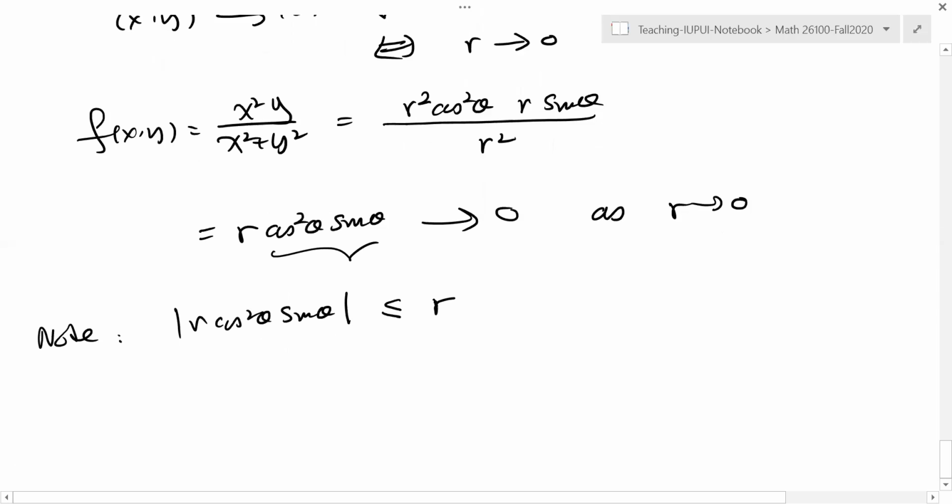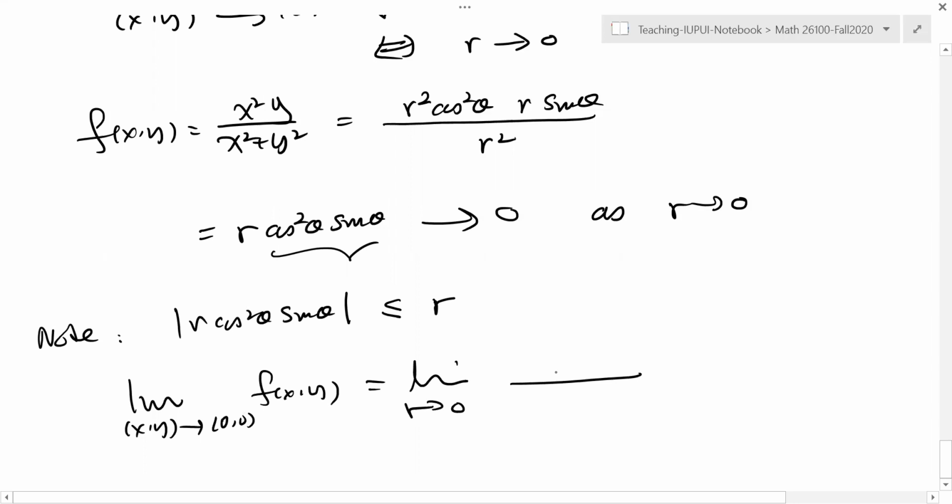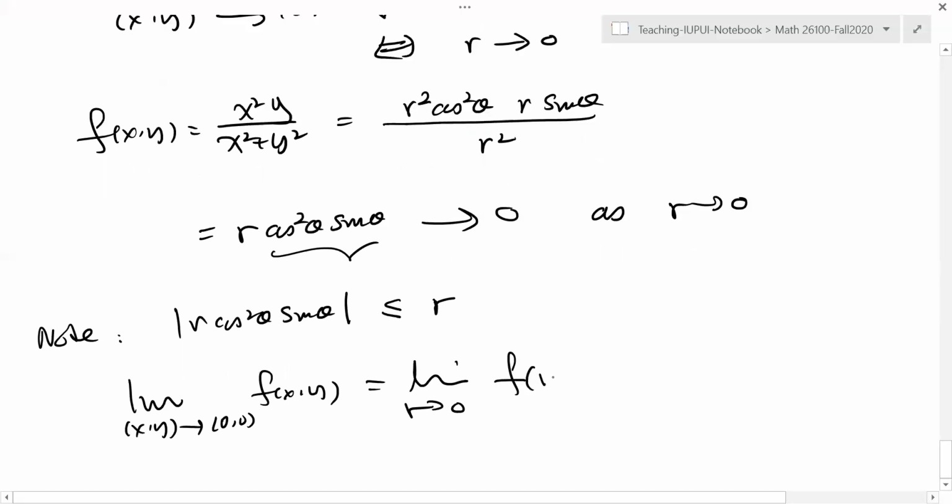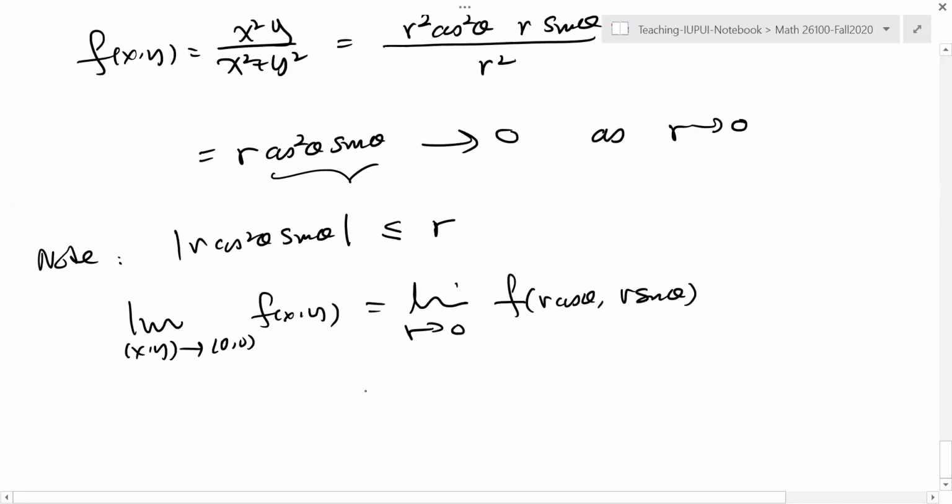Therefore, you can simply write this as the limit as r approaches 0 of r cosine squared theta sine theta, and that's just 0.